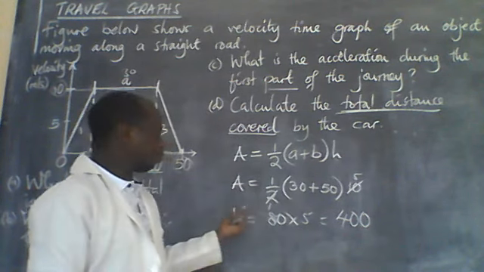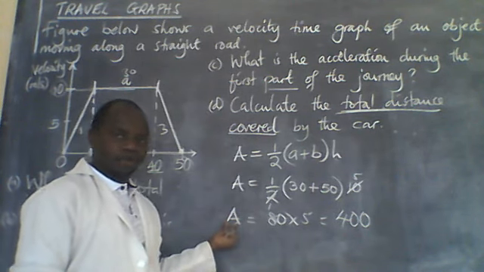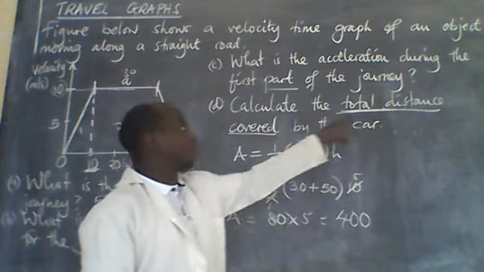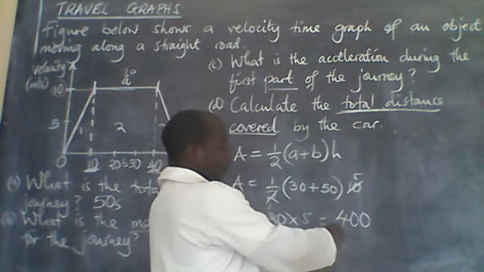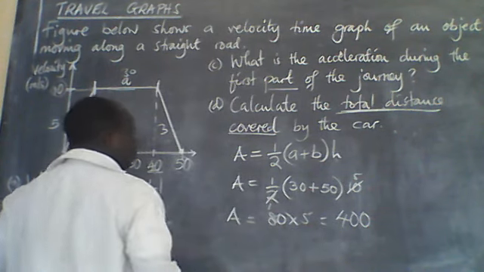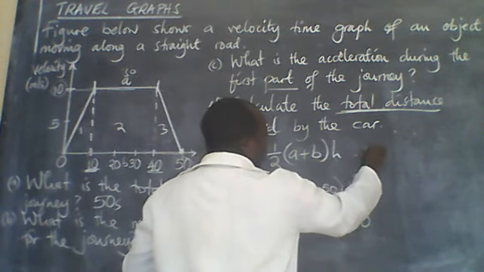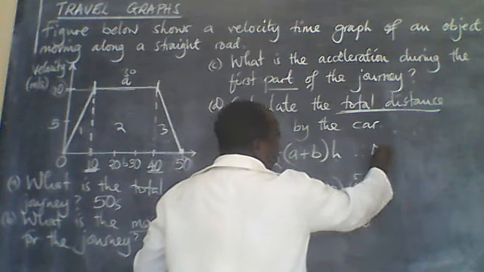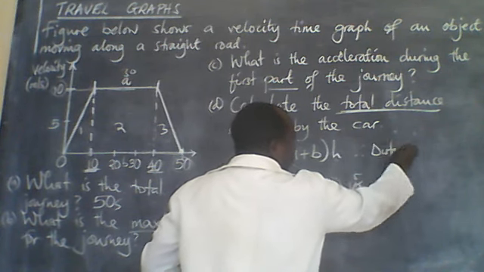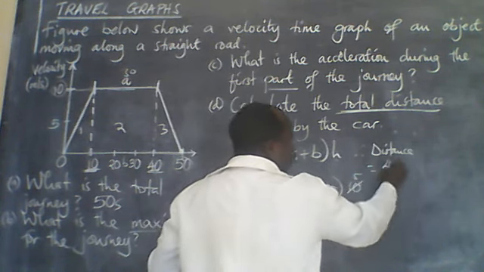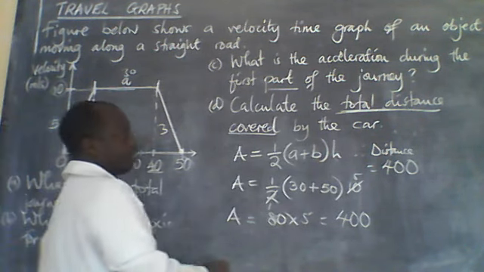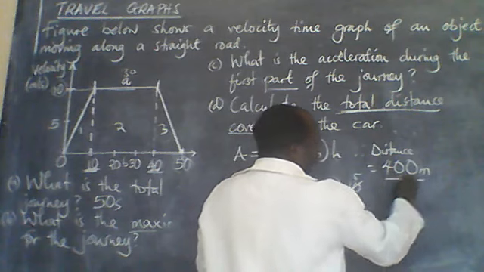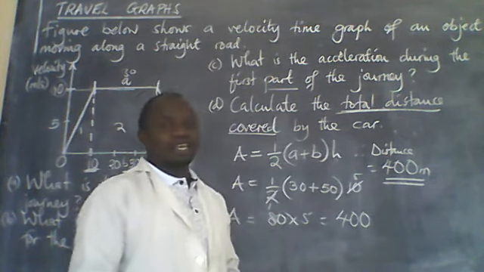You are not going to put the units for area. No. We use area to find total distance. So in short, therefore distance will be equal to 400. What are the units? There's meters here, so 400 meters. That is the answer.